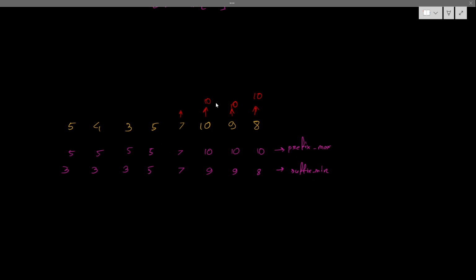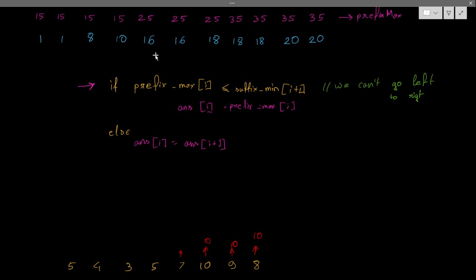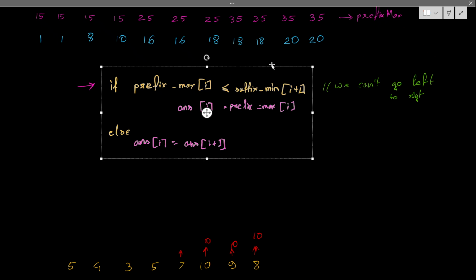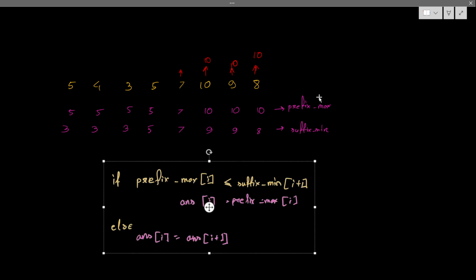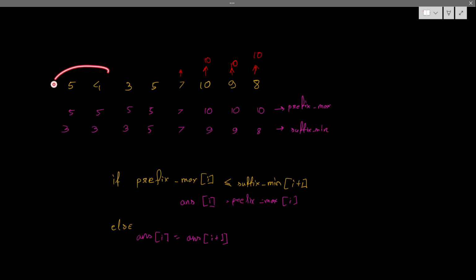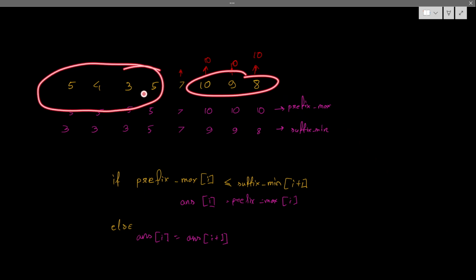So as I told you earlier, this is the check we have to do always, the prefix sum. So I cannot go to the left side, and I cannot go to the right side as well, because on the left side all values are lower, and on the right side all values are greater.